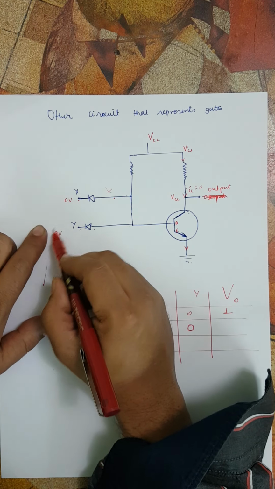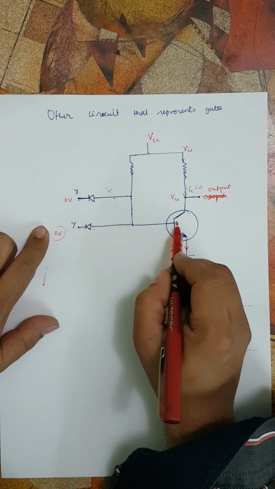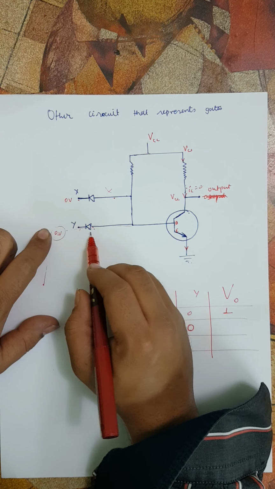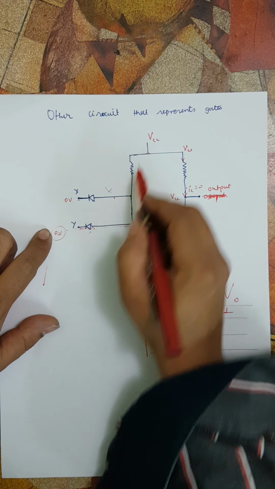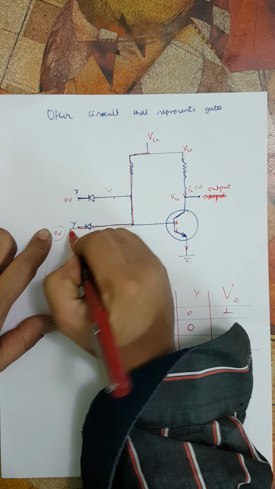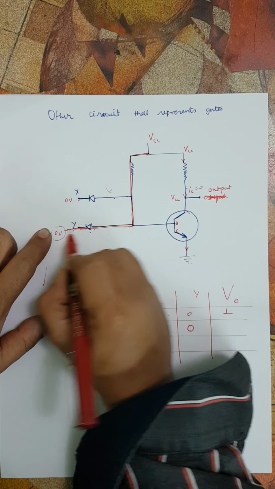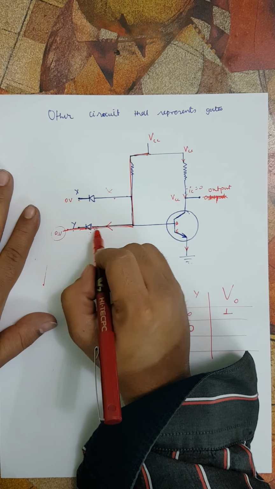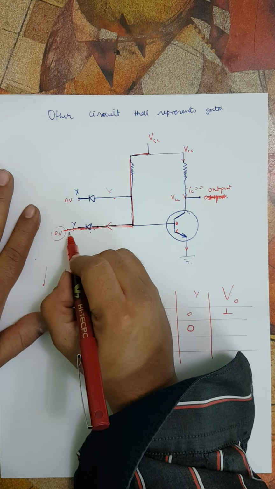Because of this low voltage, all the current will go like this, no current will go the other way. Why? Because if this is 0 volt and this is forward biased, with an ideal diode and this VCC, the current will go from high potential to low potential. Because of this, this is a forward biased ideal diode, which means no potential drop across it.